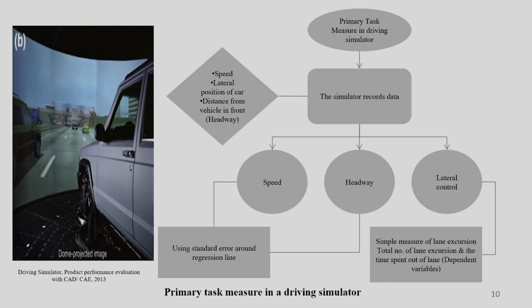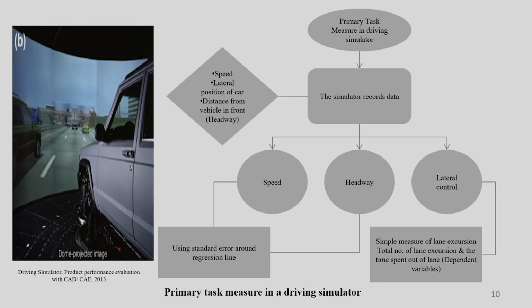So in this particular simulation technique, or simulator, what will they try to do when someone is driving or performing any task in the driving simulator? What are the major or primary tasks available?